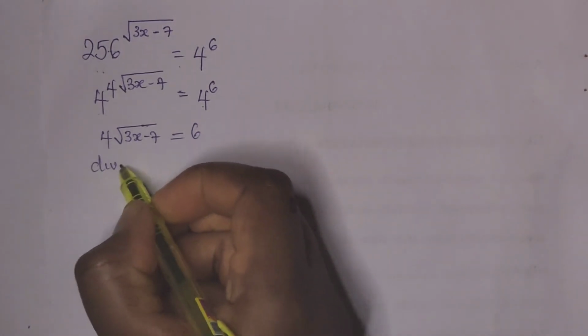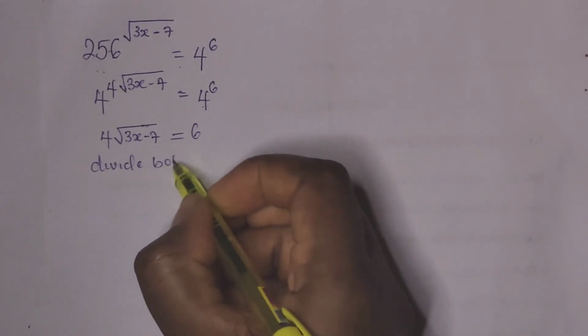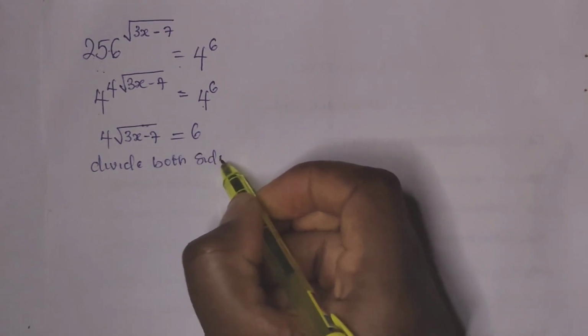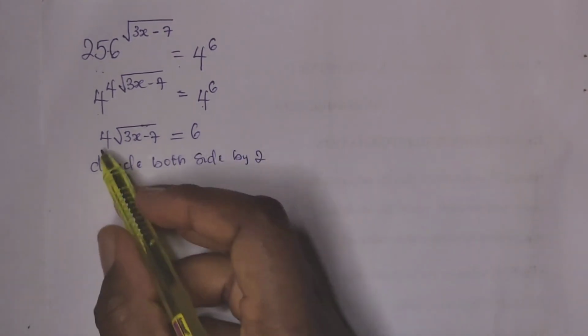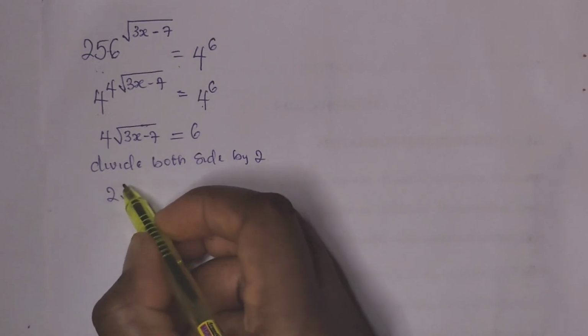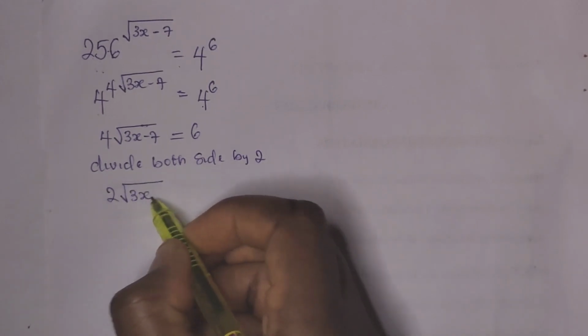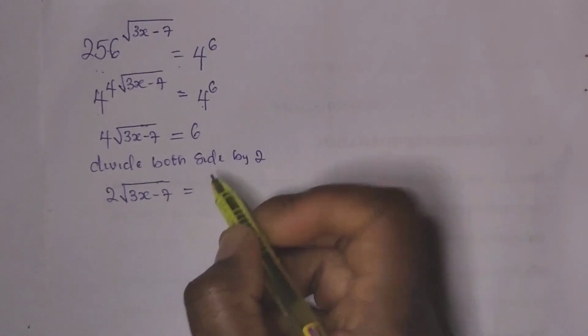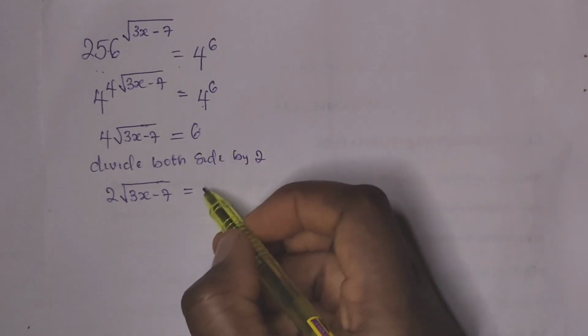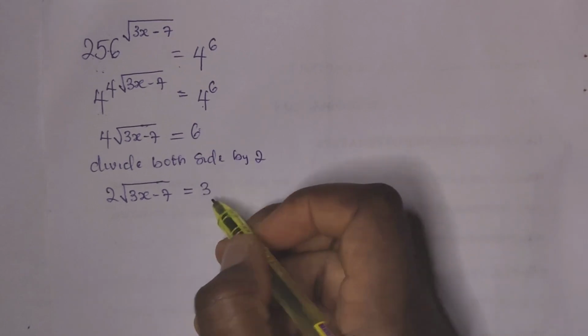So divide both sides by 2. 4 divided by 2, we have 2 root 3x minus 7 all equal to 6 divided by 2. 6 divided by 2, we have 3.